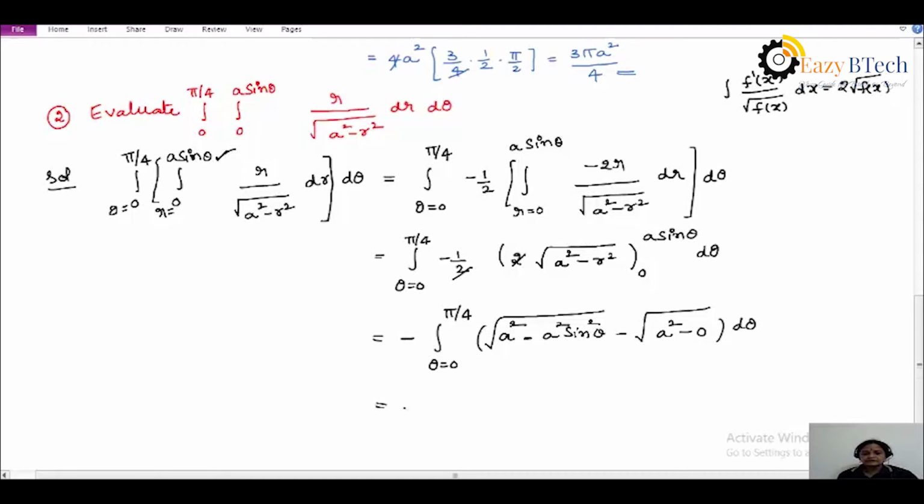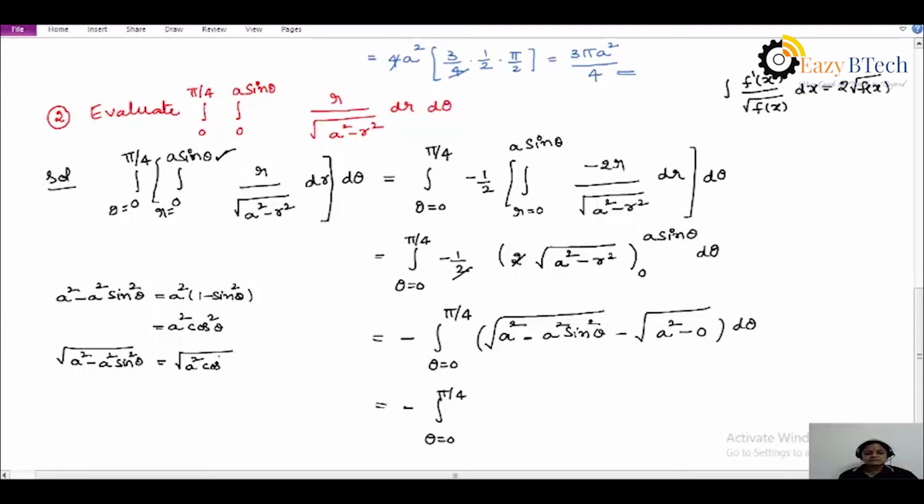Okay, minus integral 0 to pi by 4 theta limits, and here a square minus a square sin square theta. See here, a square minus a square sin square theta. So a square is common, that is 1 minus sin square theta, a square cos square theta. Then within the root, this value a square minus a square sin square theta is a square cos square theta, that is a cos theta.